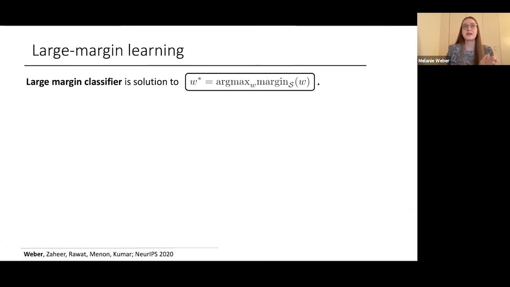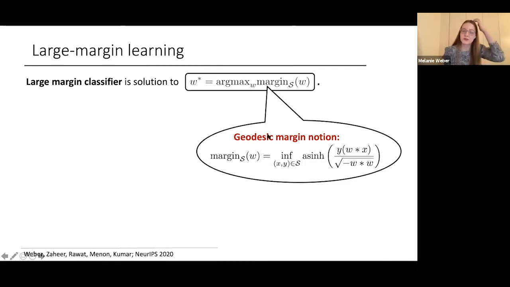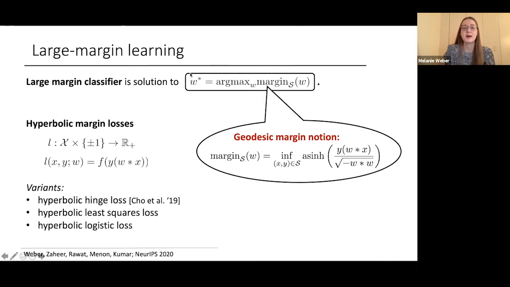This algorithm only gives us the means to compute a separating hyperplane, but not necessarily the one that achieves the largest margin. So if we want to learn such a more optimal classifier, we have to optimize for the margin. Here we have to consider a geodesic notion of margin, which we can, with a simple geometric argument, derive from the hyperbolic metric. And then we can formulate this large margin classification problem that we want to solve.